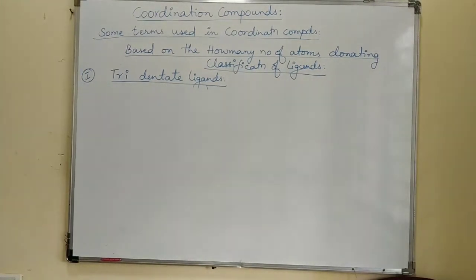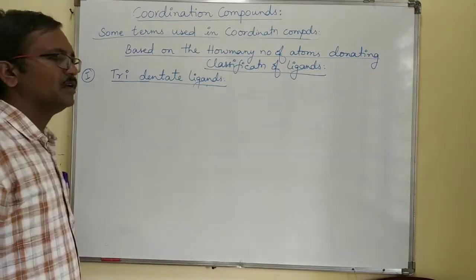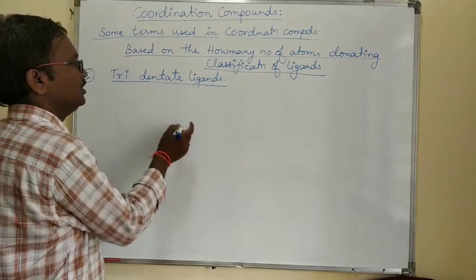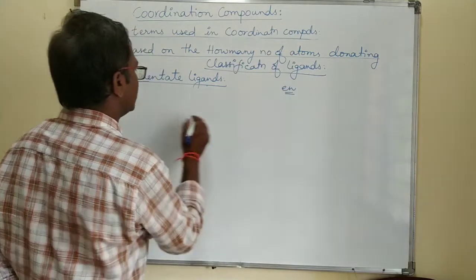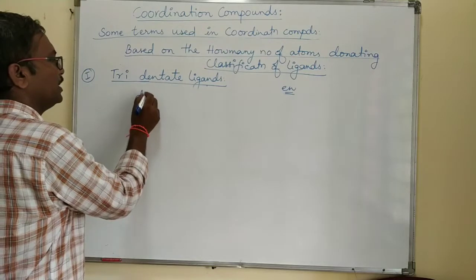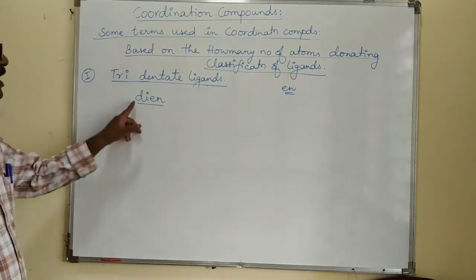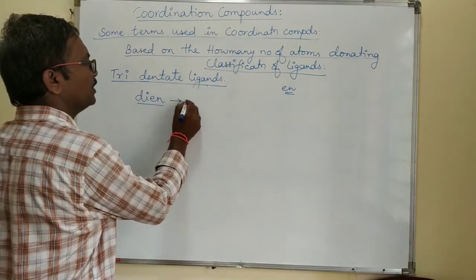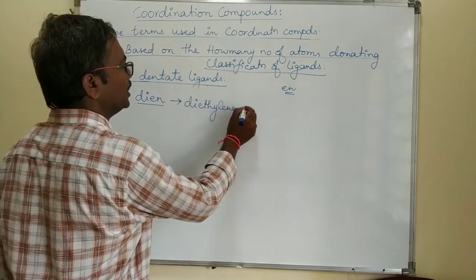Next one, tridentate ligand. They have given a neutral tridentate ligand. So en is the bidentate. Dien means diethylene triamine.